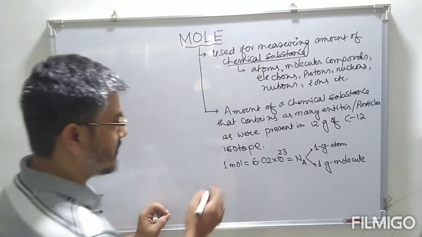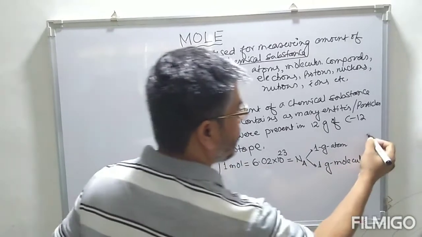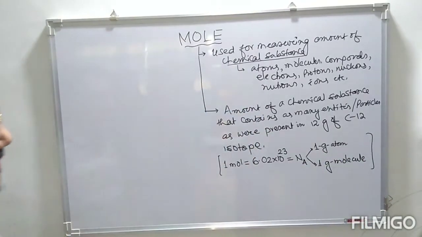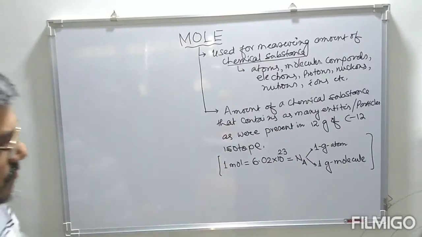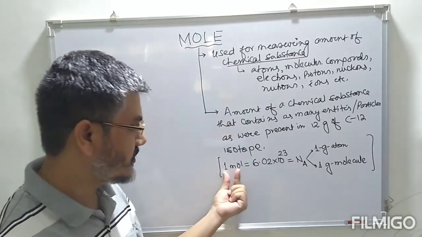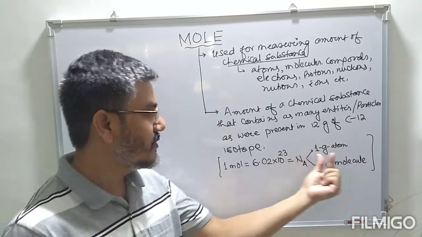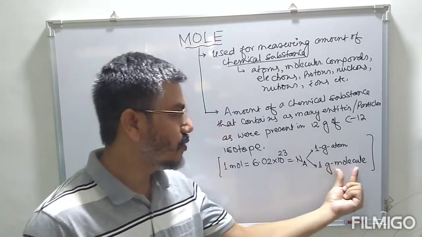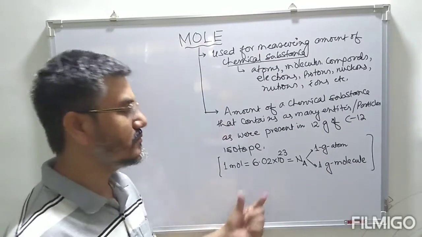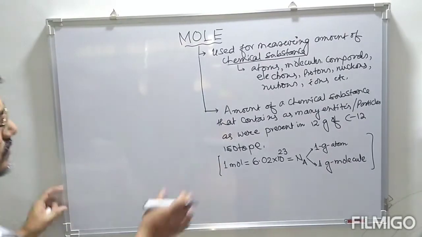So this is the term mole. When I say 1 mole, the quantity is always fixed. By different names, 1 mole atom is 1 gram atom, and 1 mole molecule is 1 gram molecule. Now look at this.